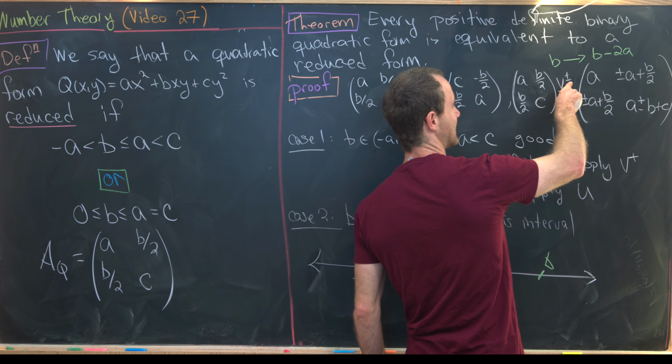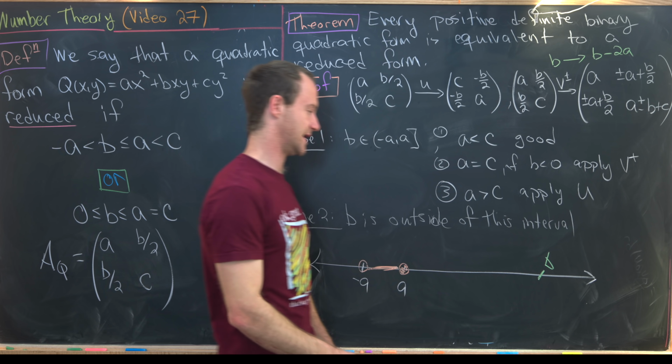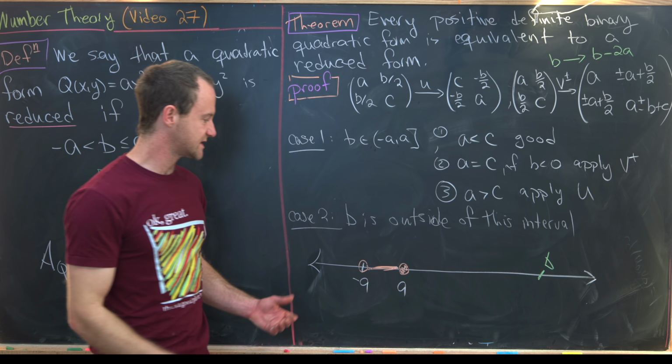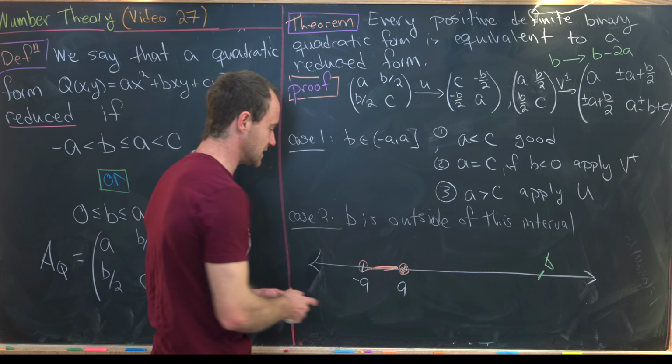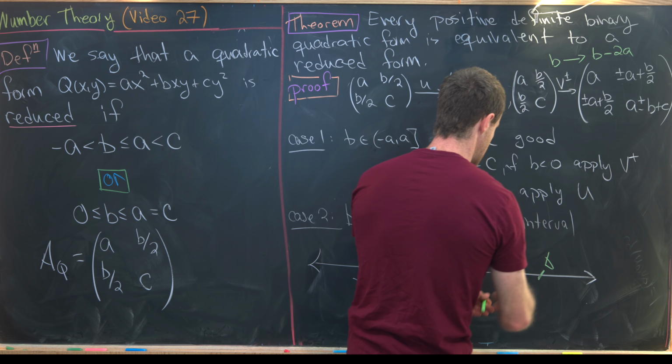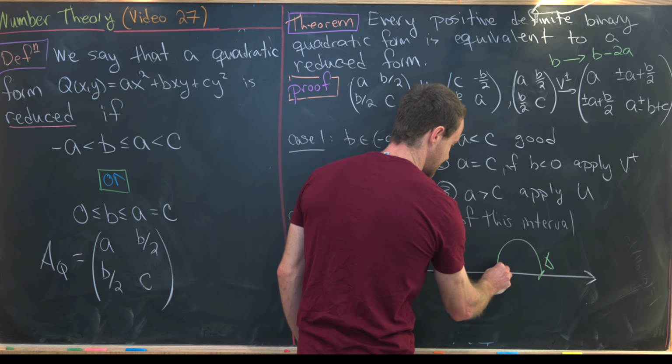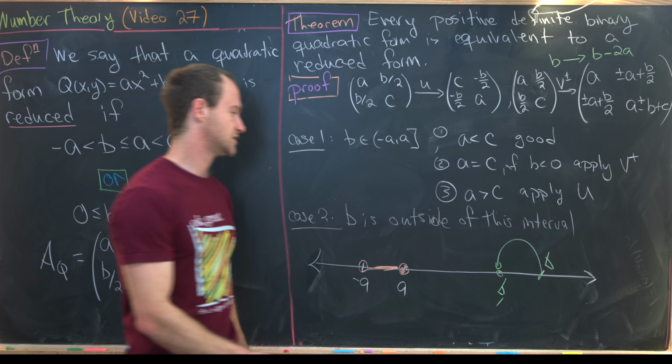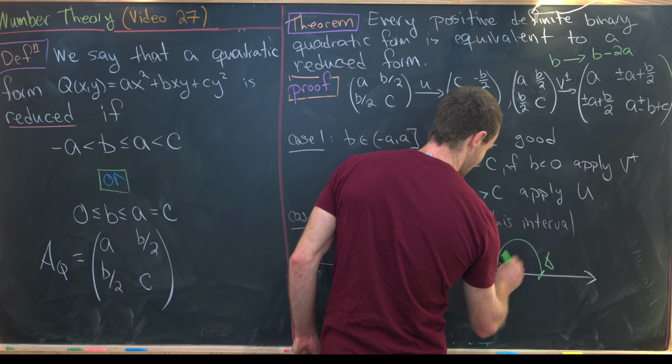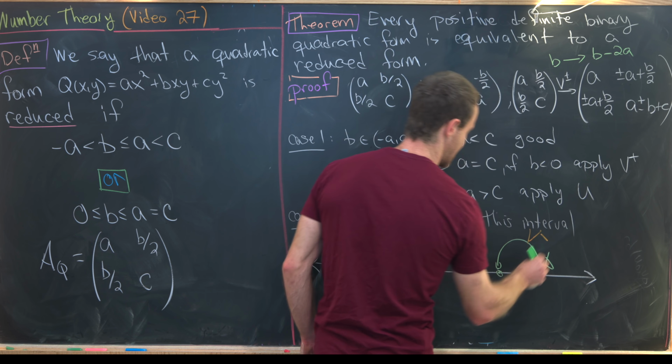Well, that's because we're applying V minus, so we get the minus sign on the A. So let's see, we need a length of 2A. Notice that this guy right here is a length of 2A. So if we apply that to B, that will hop this thing to here. That's going to be our next value of B, which I'll call B1. So just to reiterate, this is an application of V minus.